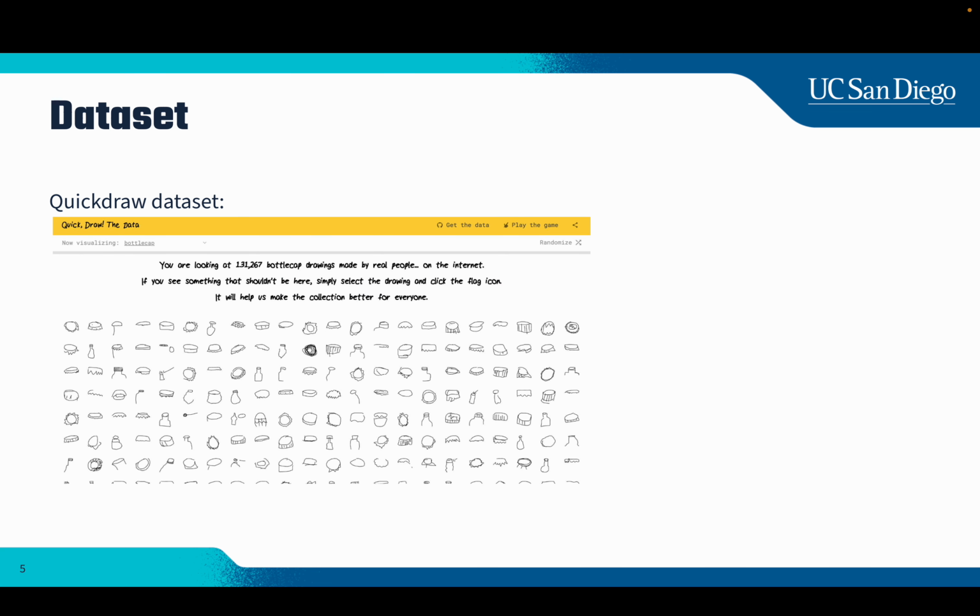So this is our methodology part. We chose the Quick Draw dataset as our training data. We can see that it consists of many categories of people's hand drawings. Here is an example of the bottle cap. Although different people draw the bottle cap differently, we can still see that there's a common feature.